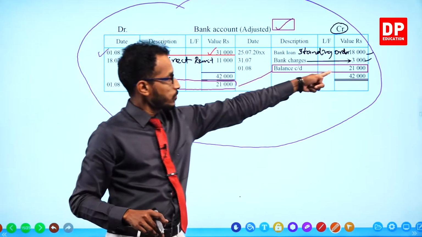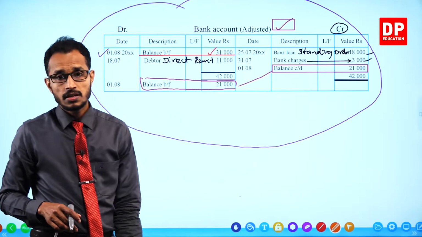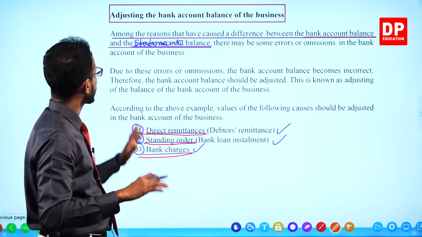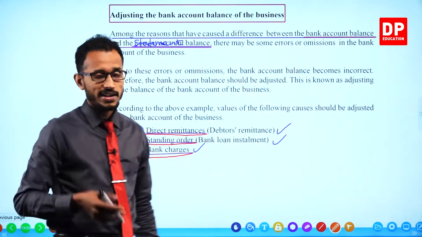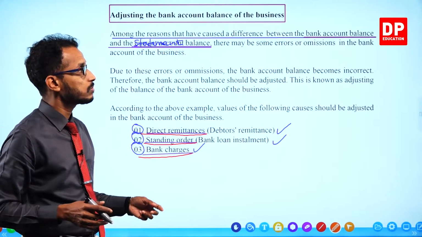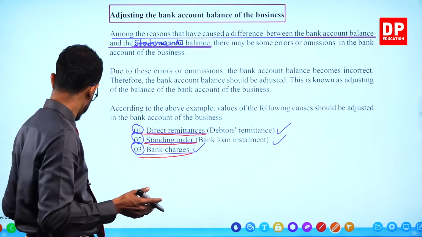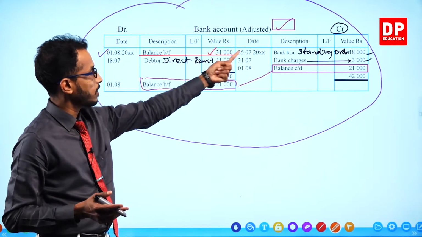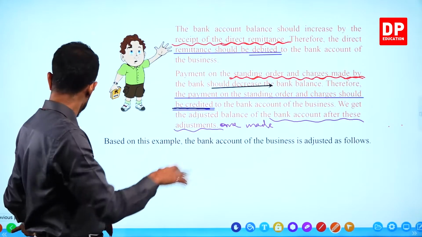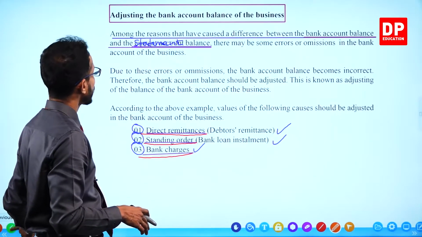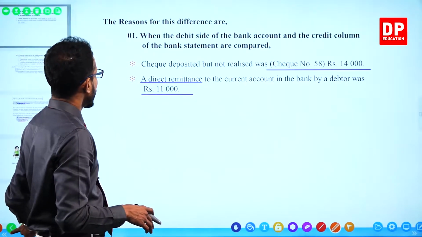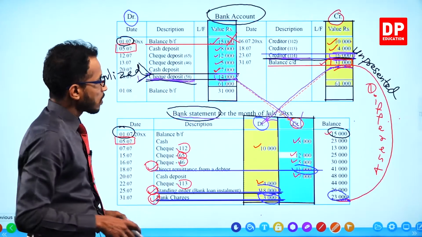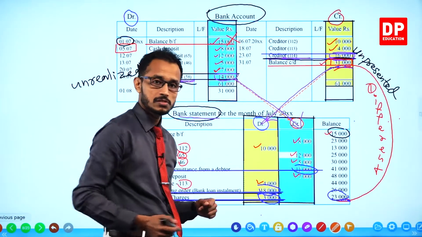We need to tally this 21,000 with the bank statement balance. Let's see what is the bank statement balance. We have done all the adjusting of the bank account balance. That is what we did here, adjusting the bank account. Now we are talking about this.